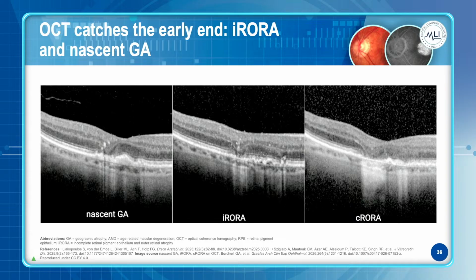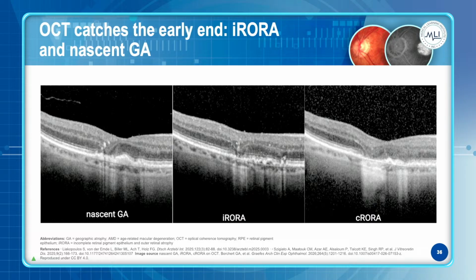You see that dark wedge adjacent to the area where it looks like the inner layers are sinking down. You also see that same appearance very typically in iRORA and cRORA, and you see that on the two adjacent images. The one on the right with the cRORA shows the sinking down, but the criteria are loss of the outer retina. So you see the bands, and then all of a sudden they just end. Then you pick them up again.